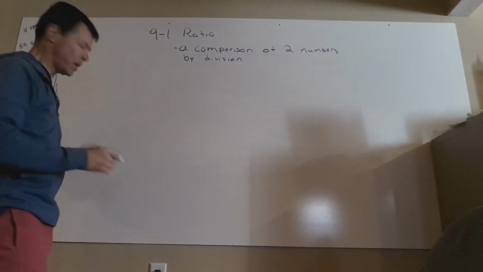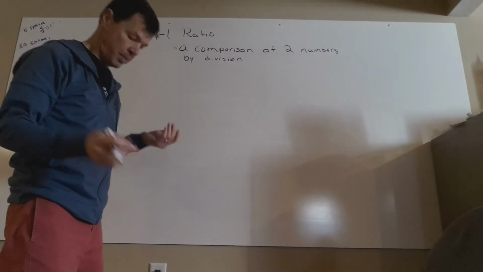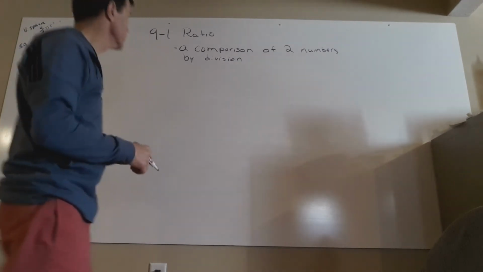Let's start out with an example. We could talk about the ratio of wins to losses.